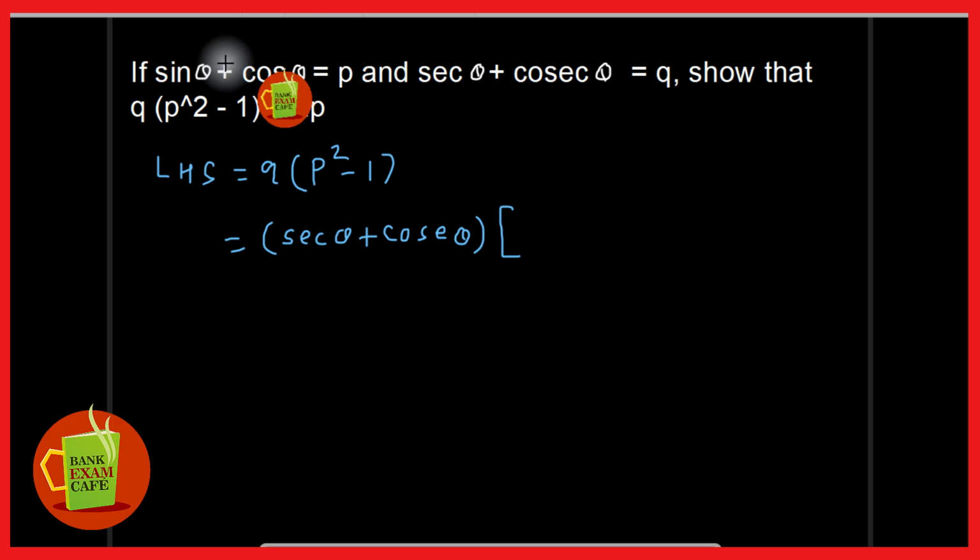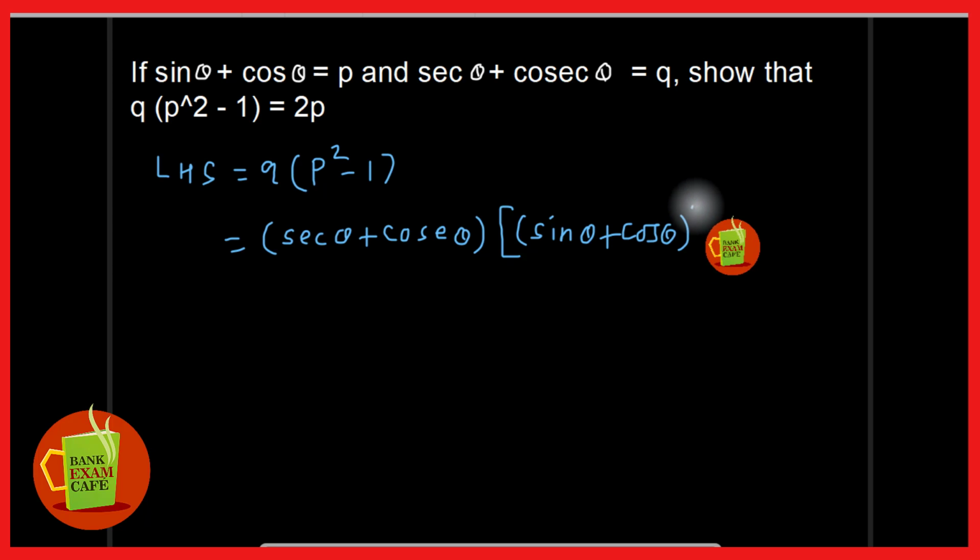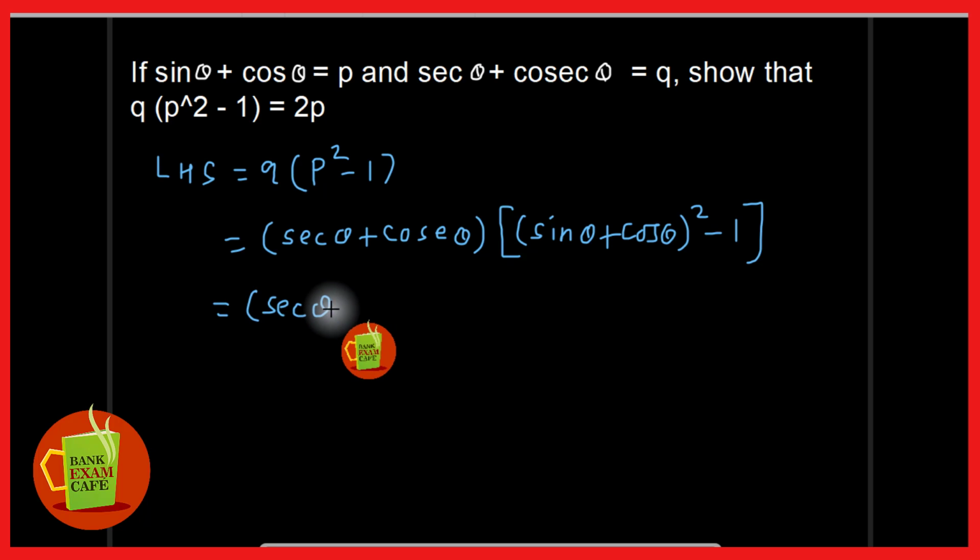P is sin theta plus cos theta, its bracket square, minus 1. Now open this bracket, that is A plus B bracket square, that is A square plus B square plus 2AB. So this will be sec theta plus cosec theta.